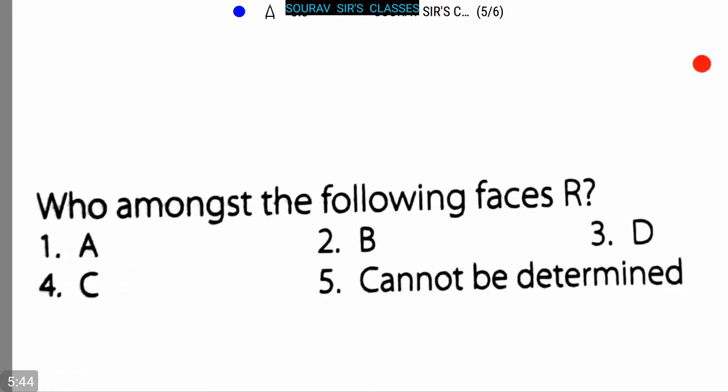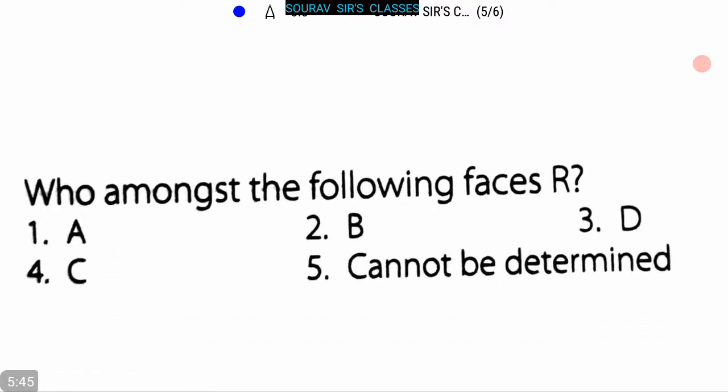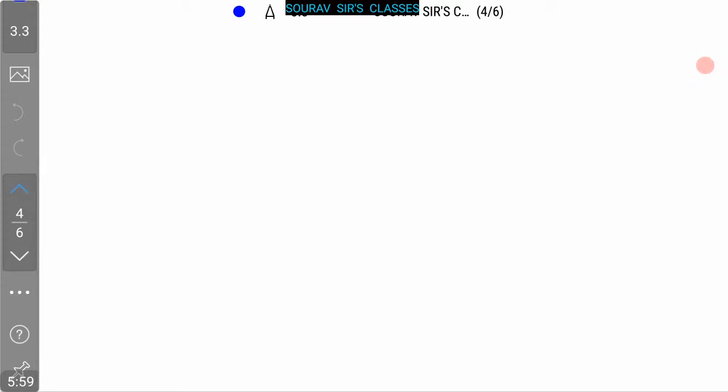Okay, so here the question is, who amongst the following faces R? So we have to find out the person who faces R. So let's again go back to the sequence.